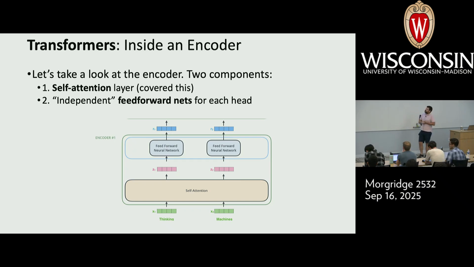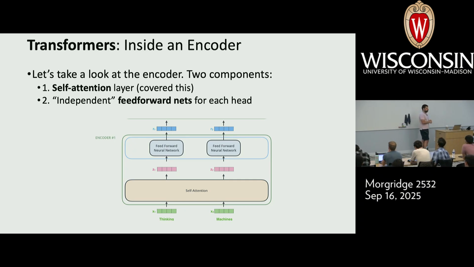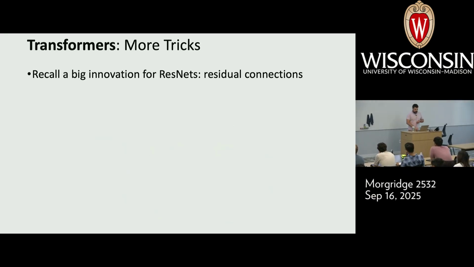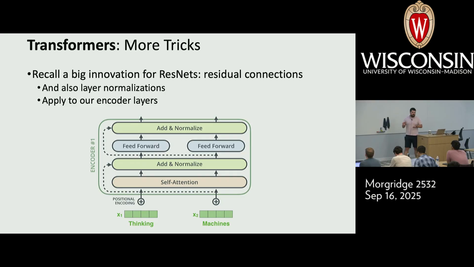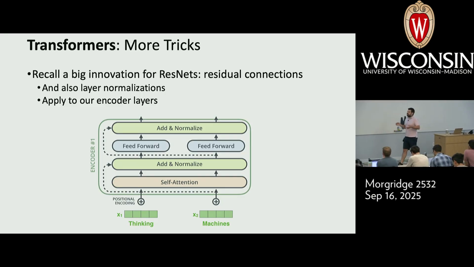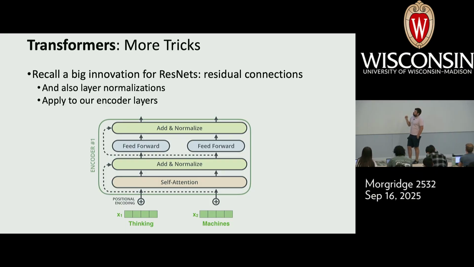Okay, now we can make the story a little bit more complex. We're going to do a little bit of deep learning tricks. These are more for stability, for training, than anything else. They're not really key elements. They're just things that happen to be useful. This really gives you all the information for an encoder. I have two vectors, x1 and x2. As we mentioned, we're going to add in the positional encodings, which are over here. Pass these guys into self-attention.